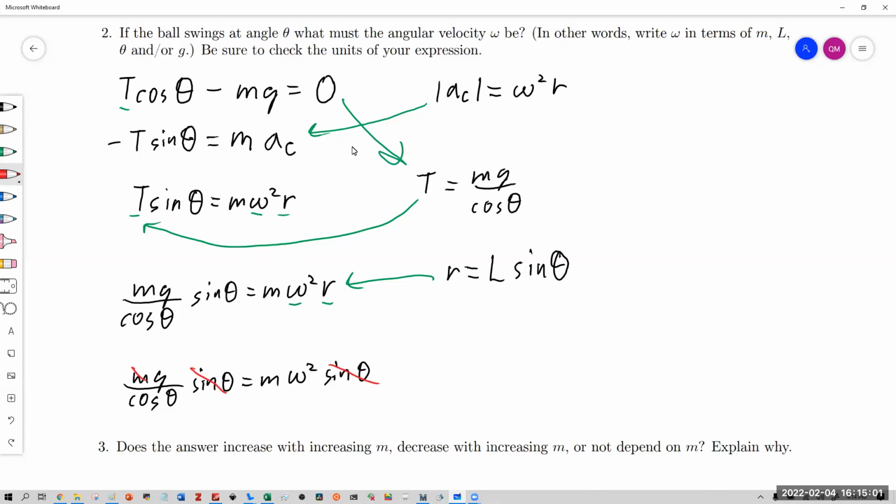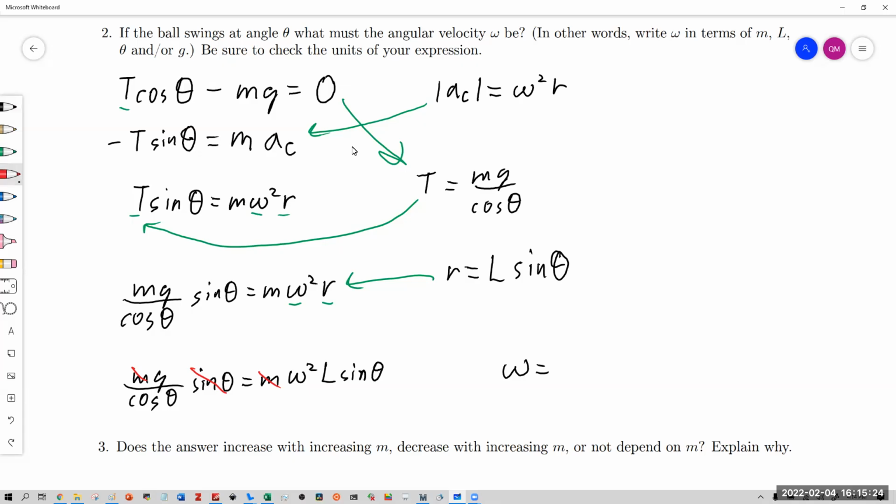We can cancel our m's, and we can take a square root, and we get omega is equal to the, oh, whoops, I missed an L. When I stuck the r in, it needed to be L sine theta.